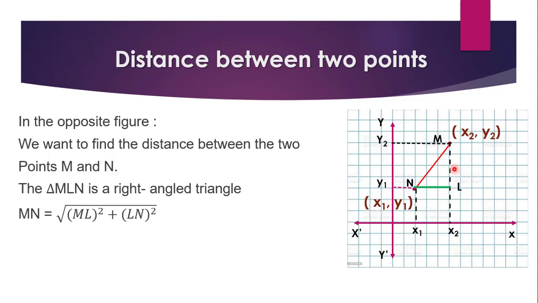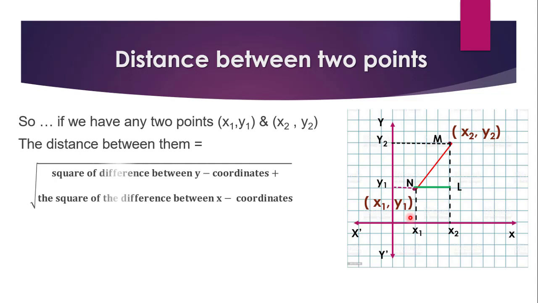Look at this figure. This is ML. The length of ML is y2 minus y1, and the length of NL is x2 minus x1. So MN, or the distance between the 2 points M and N, will be the square root of y2 minus y1 all power 2 plus x2 minus x1 all power 2.